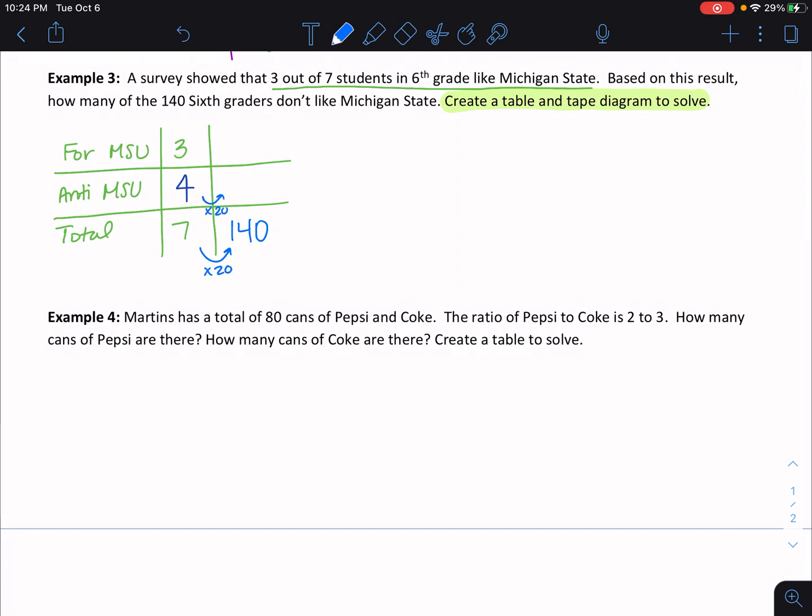So times 20, times 20, filling in the entire table. So 3 times 20 is 60, 4 times 20 is 80, and 60 plus 80 is 140. And based on this table, 80 students don't like Michigan State.